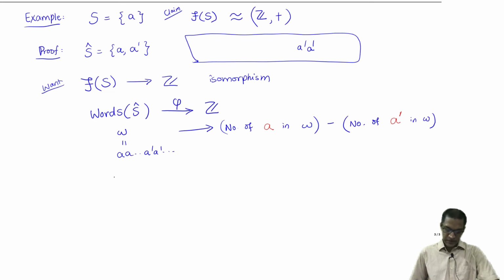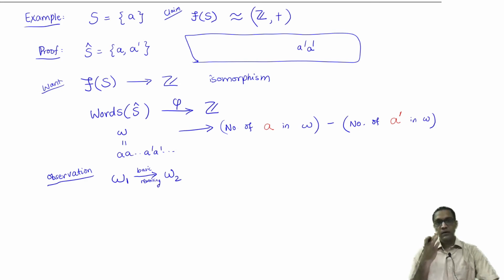Here's the first key observation. Suppose I have a word W1 and I perform a basic rewriting rule on it, so I transform it to some other word. What have I done?